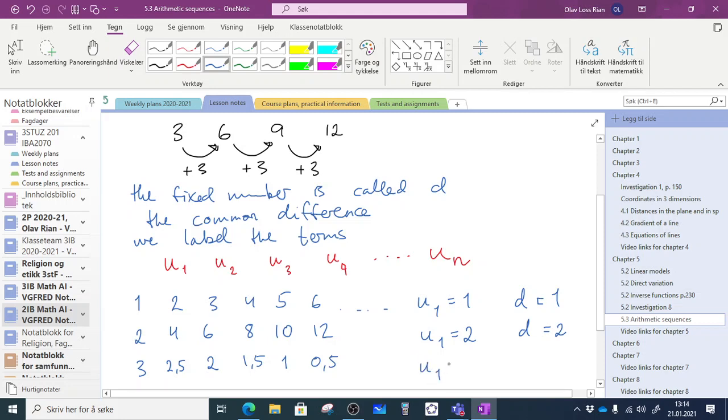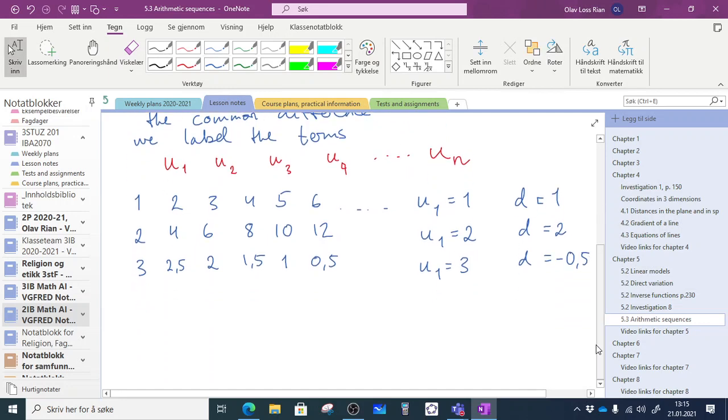The first term is 3. And what about the common difference? It's 0.5, but it descends, so it's minus 0.5. That's the difference between each term, and that's why we call it the common difference.